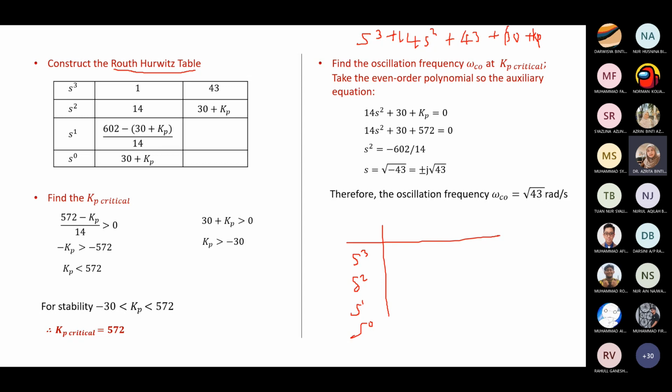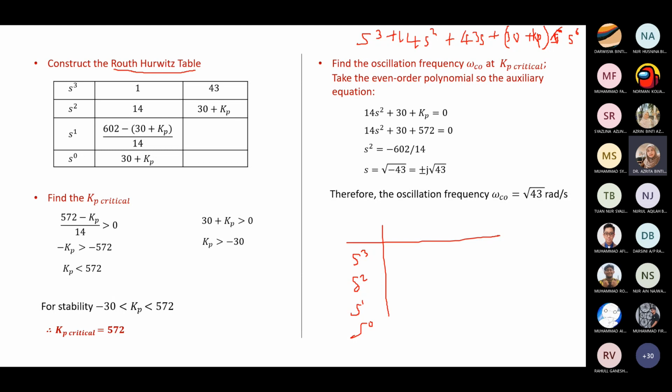We put it in brackets since 30 plus KP is actually multiplied with s power of 0. S power of 0 is equal to 1 actually, so that's why we don't write it.